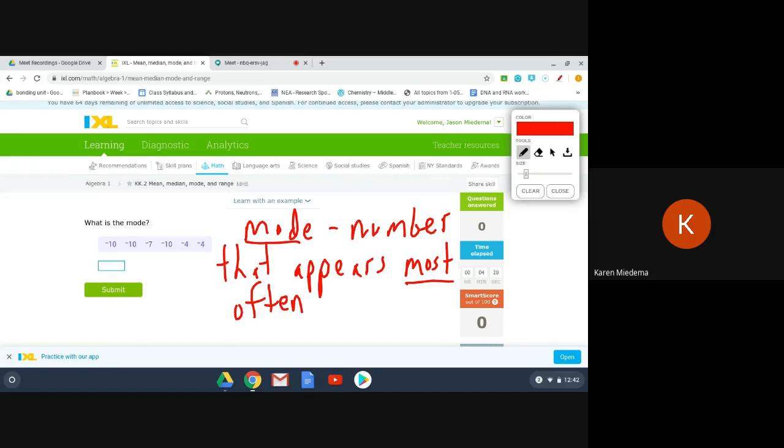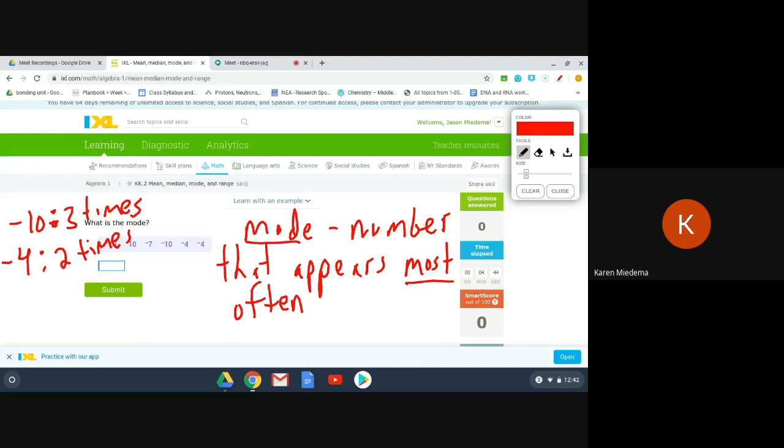So if I want to make a little checklist here, -10, that appeared 3 times. And I had a -4, that appeared 2 times.